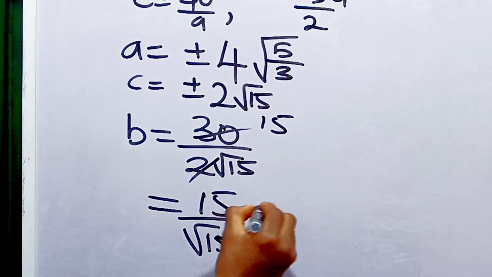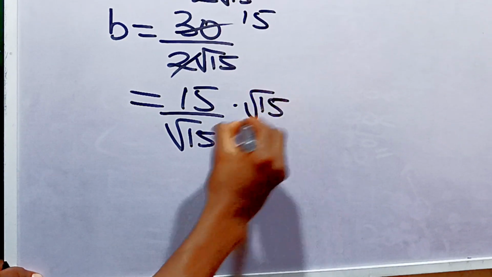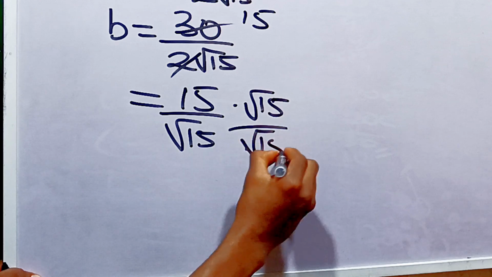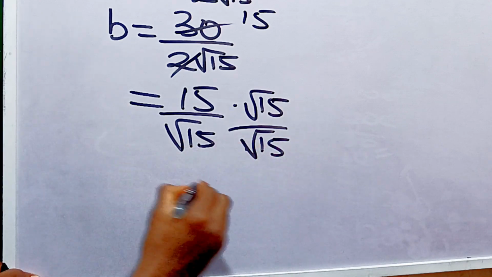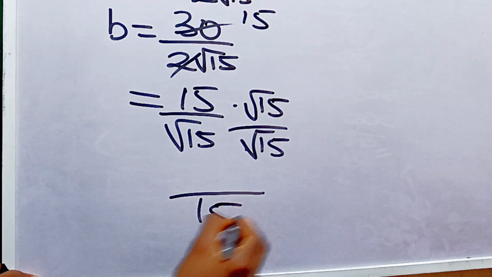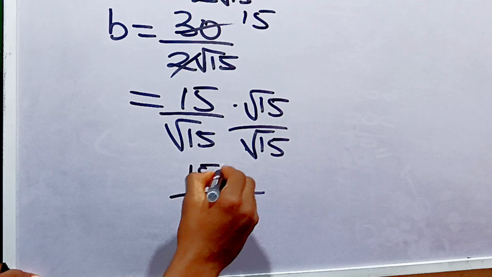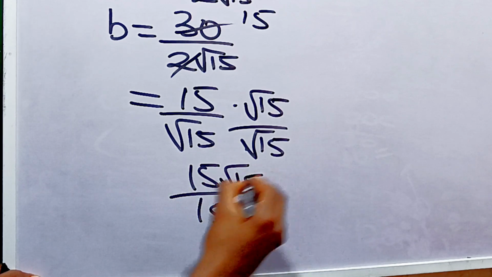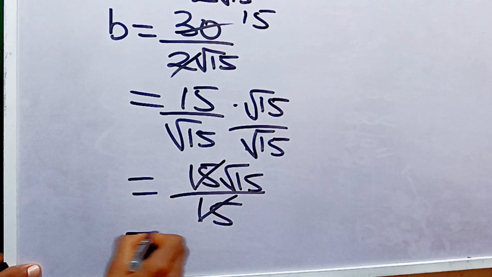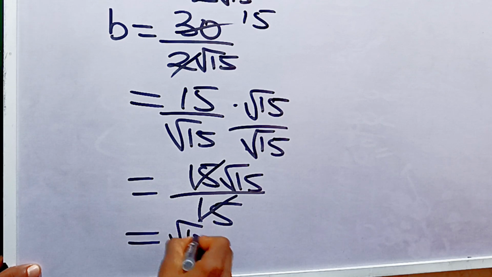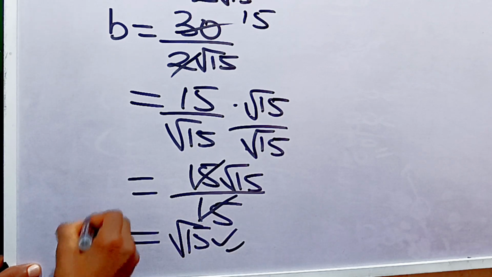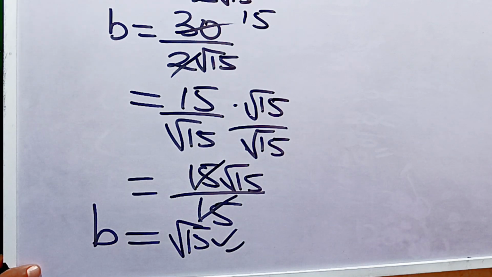Rationalizing this denominator, we multiply here by root 15 and multiply here by root 15. Root of 15 times root of 15 is 15, so we have 15 on the denominator and 15 root 15 on the numerator. Striking out 15, you're left with root of 15. So B is equal to root of 15. Okay, so these are the answers for A, B, and C in this question.